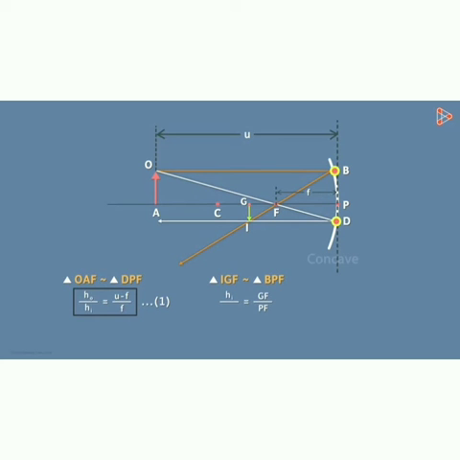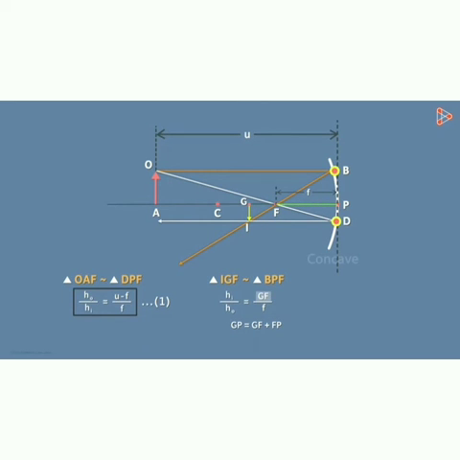Okay. What do IG and BP represent? They are nothing but the heights of the image and the height of the object. So I replace them with HI and HO. This is equal to PF, that is the focal length, over GF.